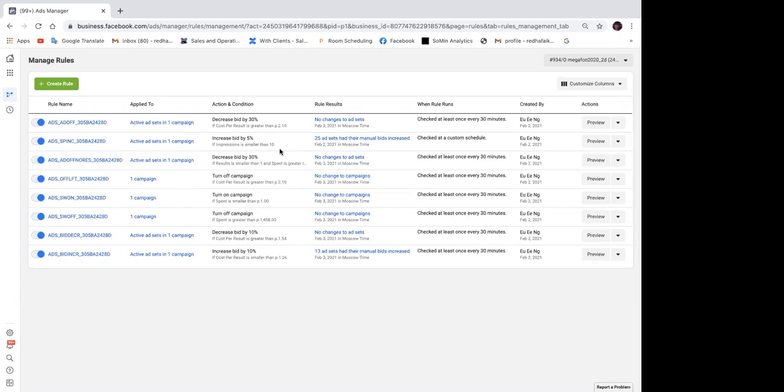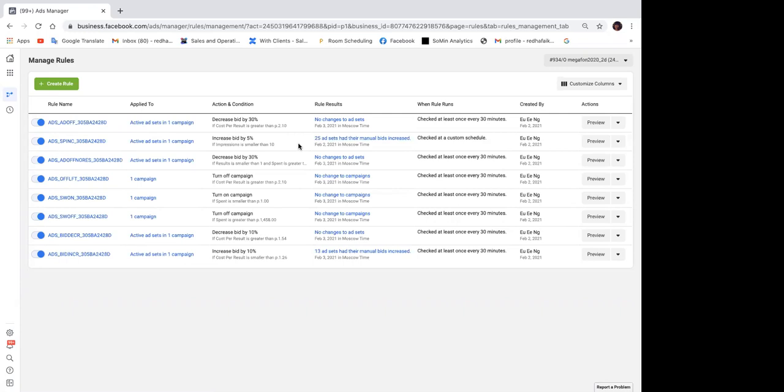Means it's not delivering. Correct. Therefore, what does the whole rule mean? It means that these ad sets were not delivering, hence it increased the bid cap to allow it to achieve some performance.